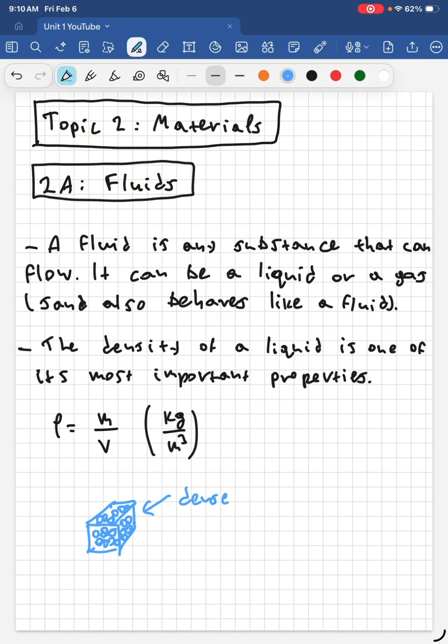But there are other materials that have a lot of empty space between their molecules. So maybe they look like this internally. So this is less dense. So this is what density means. In the same volume, we have more mass, pretty much, right? So the more mass we contain in the same volume, the denser a material or a substance is.